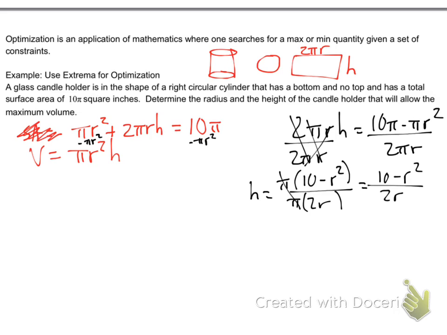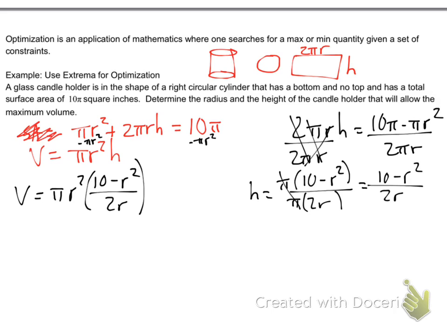Now what should I do with that H? I'm going to take this expression and plug it into here. And when I do that, effectively, I just got rid of what letter? H is gone. I'm left with just R's. V equals pi R squared times 10 minus R squared all over 2R. Can I simplify this a little bit now?